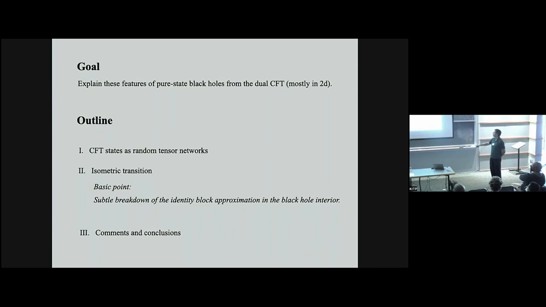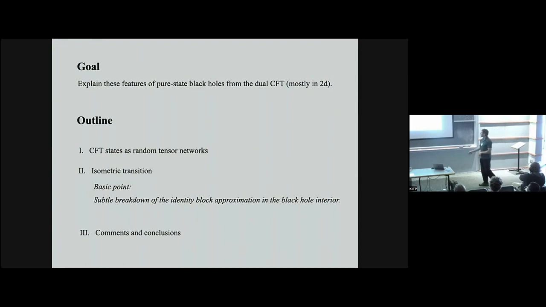Then I'm going to construct these tensor networks. Once you have the tensor network, the nice thing is that there's all this literature on random tensor networks and the relation to holography, and now we can borrow any of that and apply it to this model. So there are various things you can do with these tensor networks.